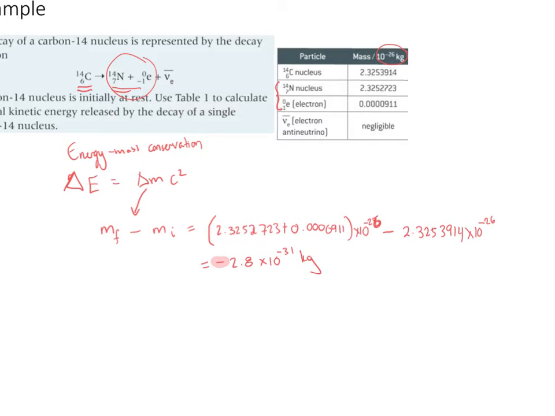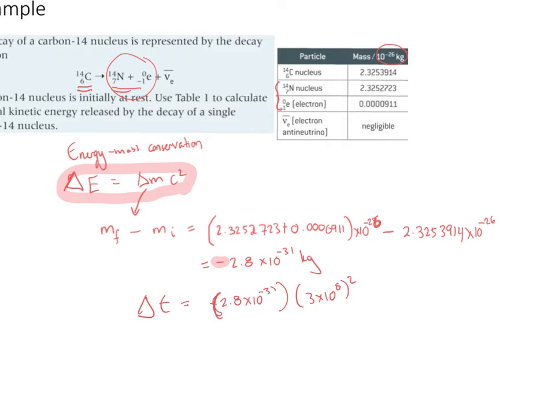And now I can use the equation here fully and simply calculate the change in kinetic energy that has been released in this decay. We don't even need the negative sign, to be fair. And 3 times 10 to the 8 squared.